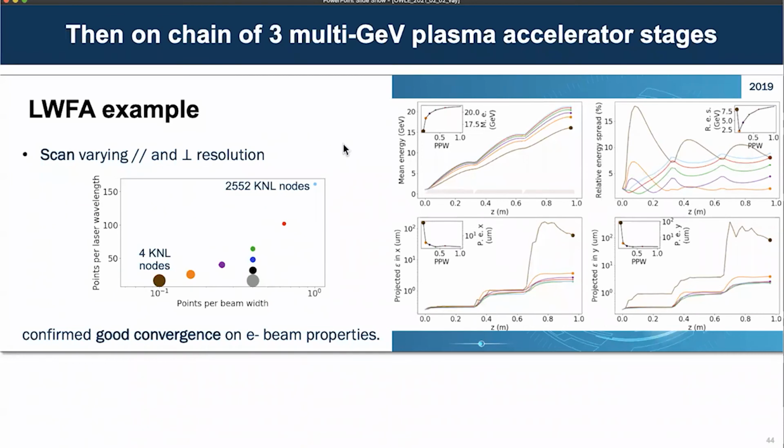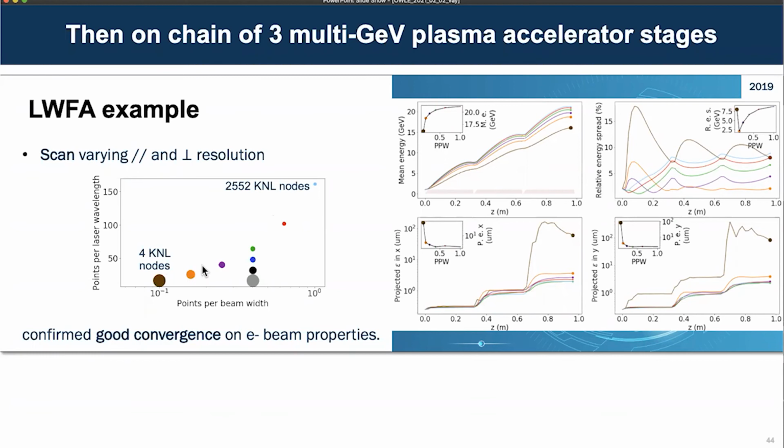So again, we varied the resolution to look at the convergence of the algorithm. We varied it concurrently, transversely, looking at the number of points per beam width, as well as longitudinally with the number of points per laser wavelength across some range, starting from 4 Intel KNL nodes for the lower resolution up to a few thousand KNL nodes for the highest resolution.